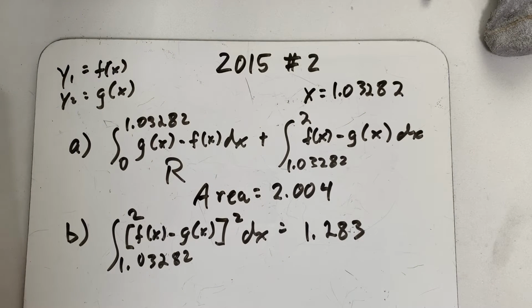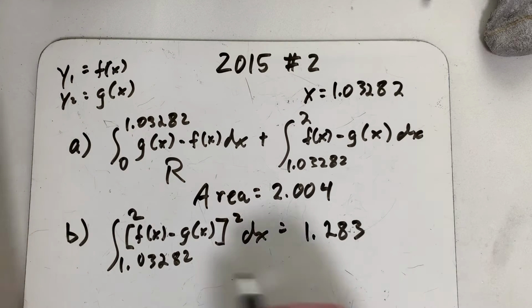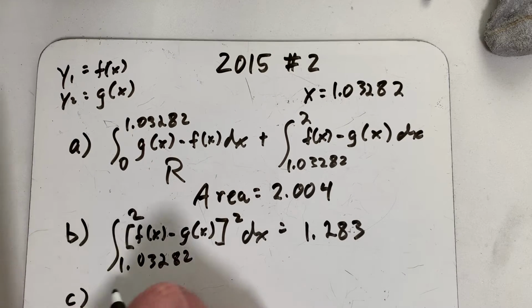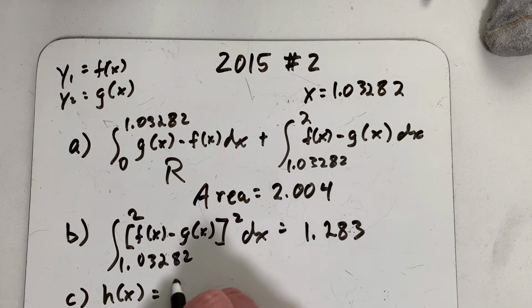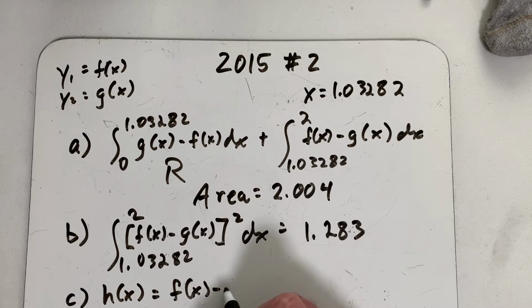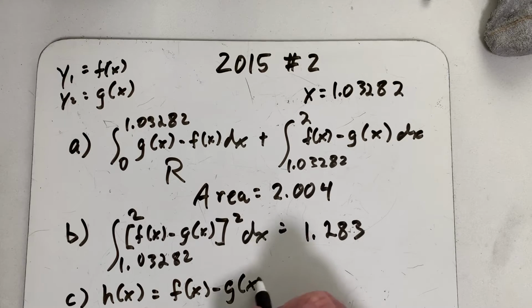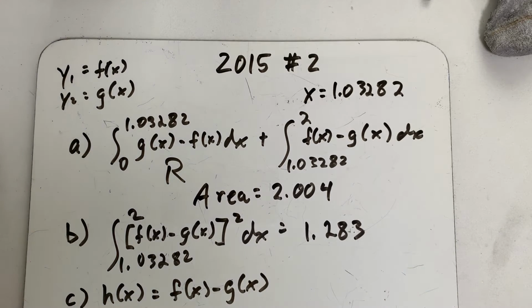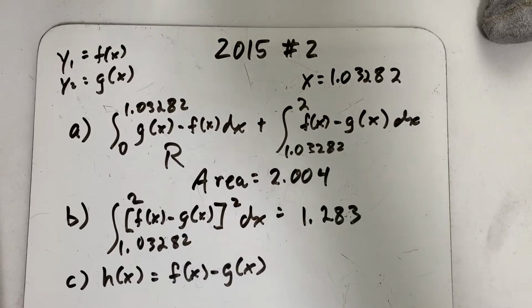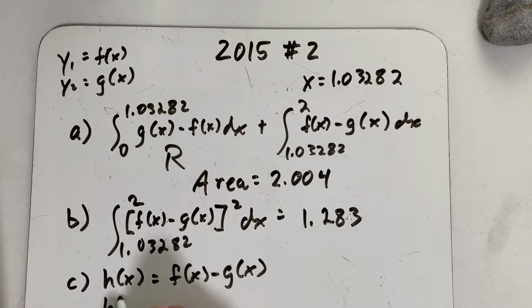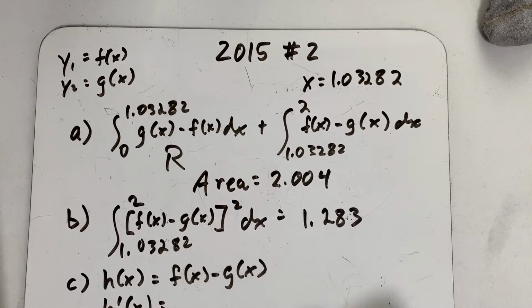Last one. Vertical distance. So h is going to be, and again we are looking at region S, so it's going to be f of x minus g of x still. So h of x equals f of x minus g of x. And then it says find the rate. That is our key word right there. Rate means derivative.